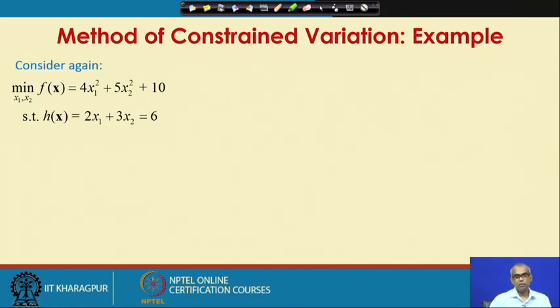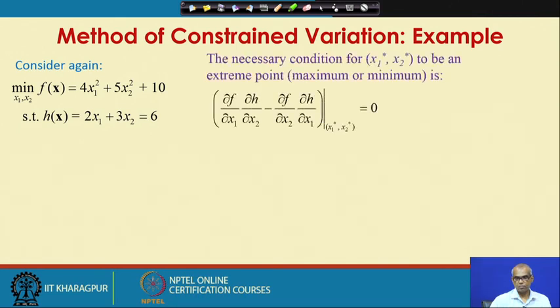So, let us now take the same example one more time. Consider the function 4x1 square plus 5x2 square plus 10 subject to the single equality constraint 2x1 plus 3x2 equal to 6. This was the condition for x1 star, x2 star to be an extreme point. So, let us now evaluate del f del x1, del f del x2, del h del x1 and del h del x2.